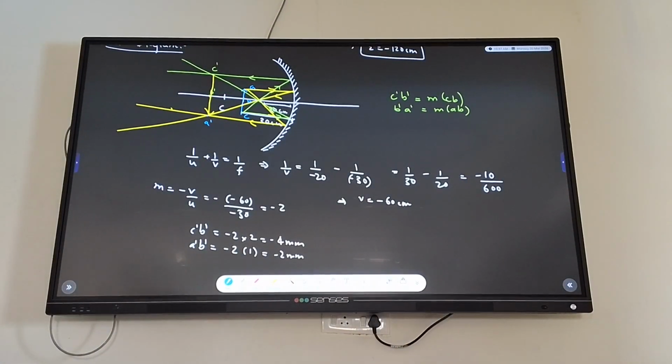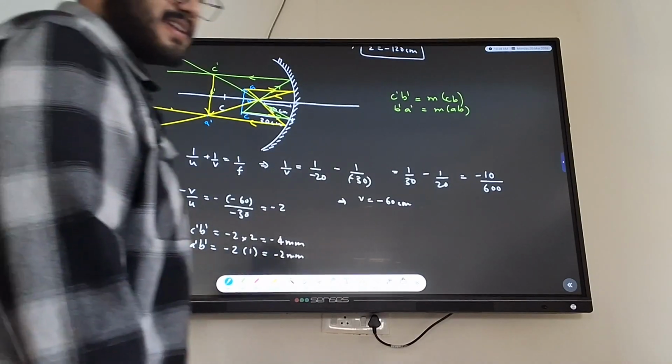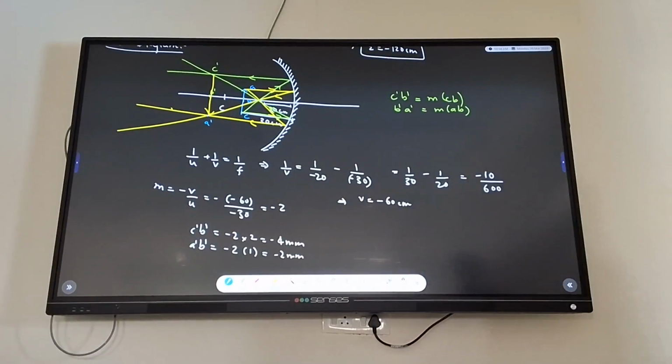With the sign convention, you have to do all the things. Obviously. Even if you take 2-3 cases, you will be able to do it. I will wait till 10:40.